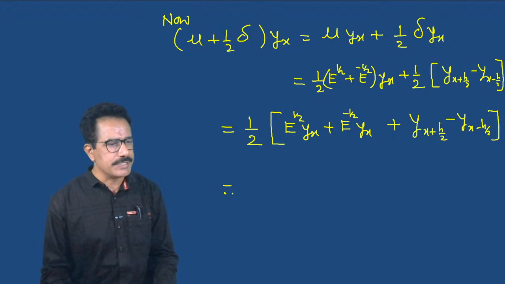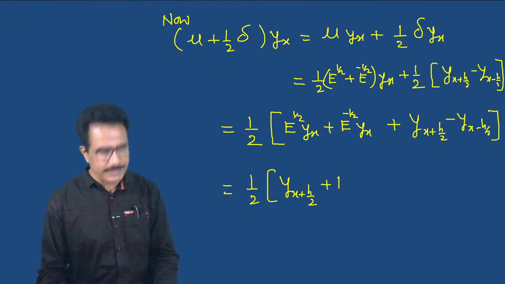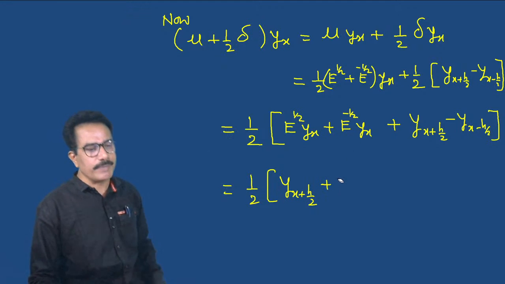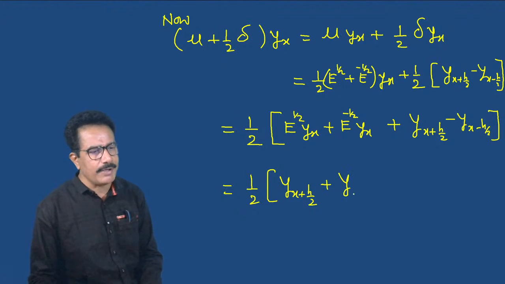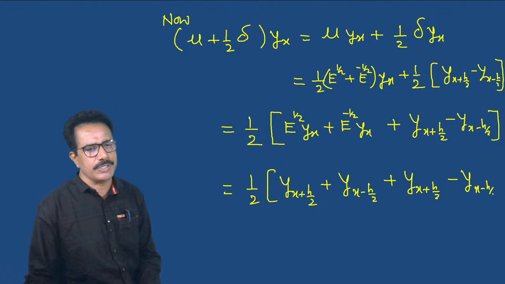Now operate this 1 by 2 y of x plus h by 2 plus operate this e raised to minus 1 by 2 yx means y of x minus h by 2 plus this, it is y of x plus h by 2 minus y of x minus h by 2.